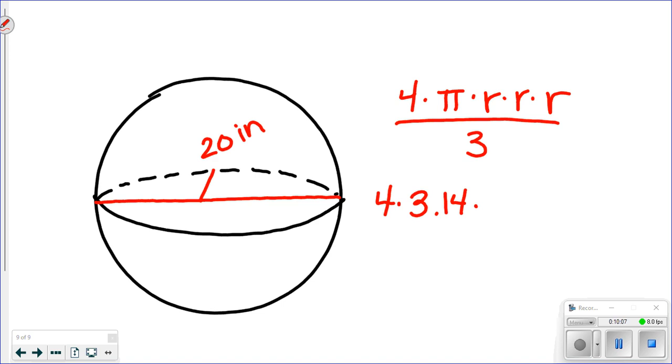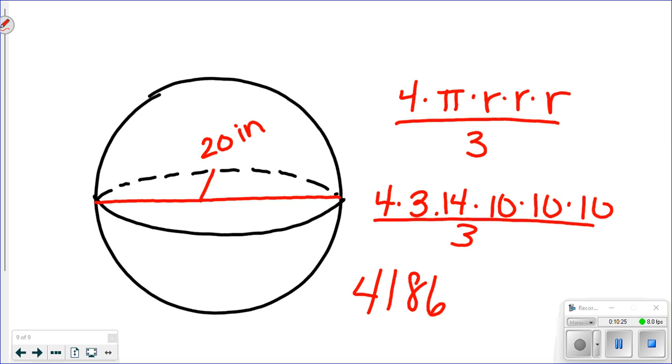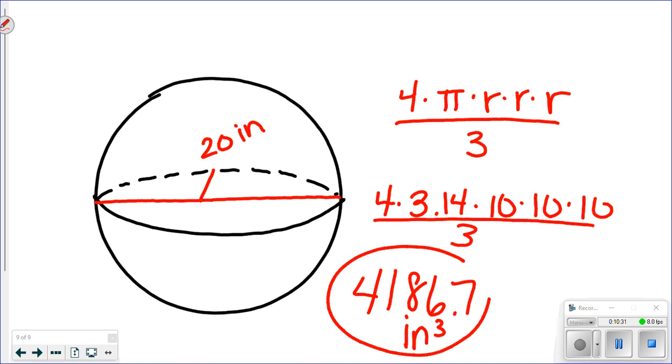If my diameter is 20, my radius is 10, all divided by 3. And I got 4,186.7 inches cubed.